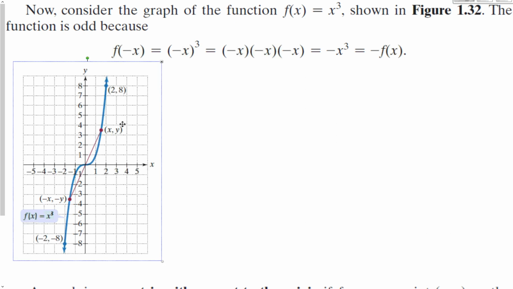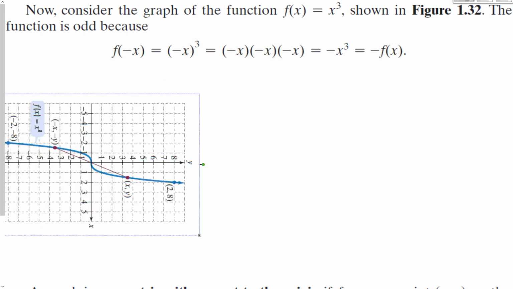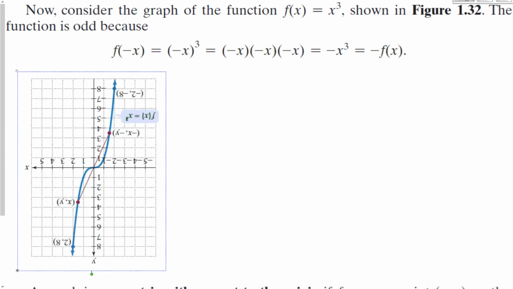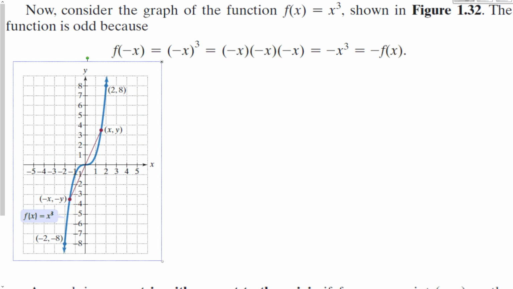And the way I can tell the symmetry is by flipping it upside down. If I flip it upside down, you can see that the graph looks pretty much the same as it did when it was right side up.